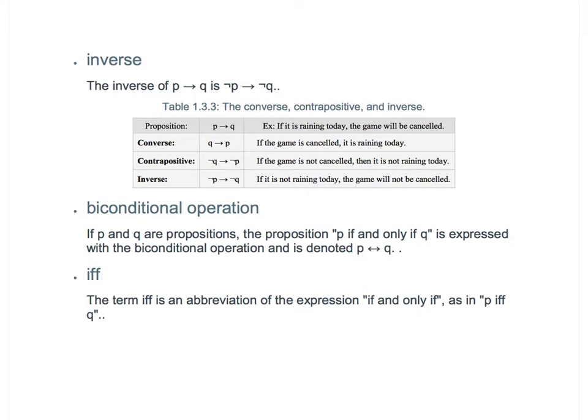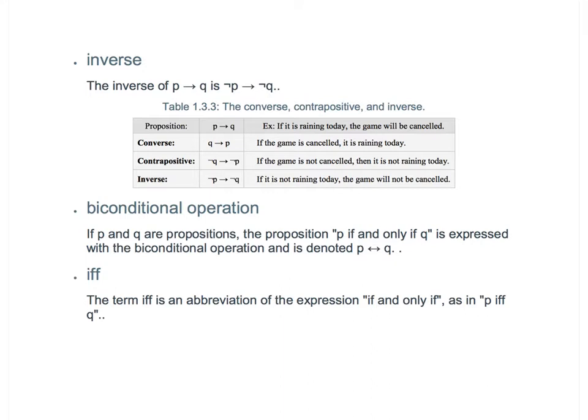Here's the example. If it is rainy today, then the game will be canceled. This is the original proposition. Now let's see how the converse of this proposition looks like. If the game is canceled, then it is rainy today. So we basically swap the hypothesis and conclusion.